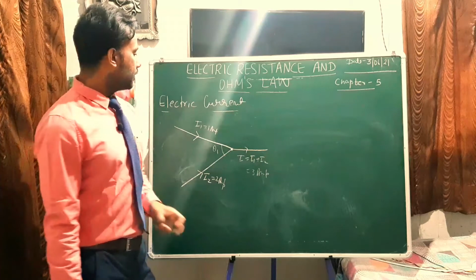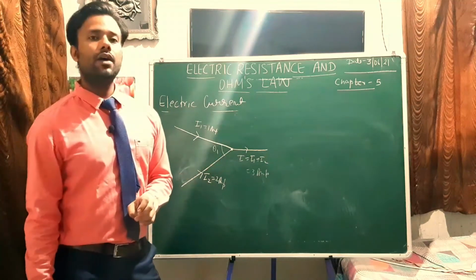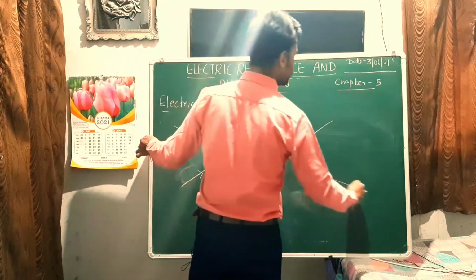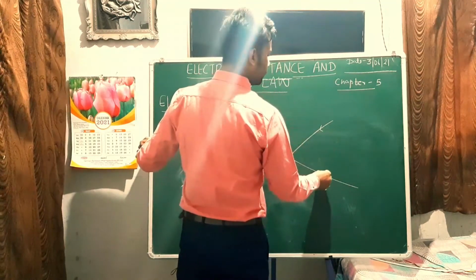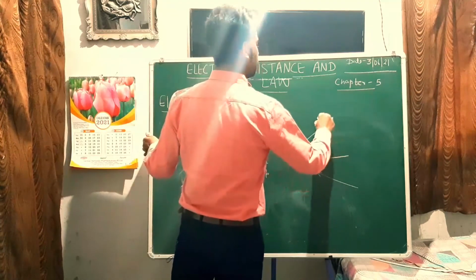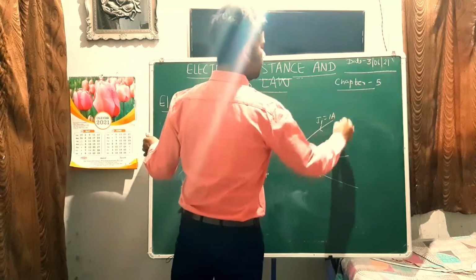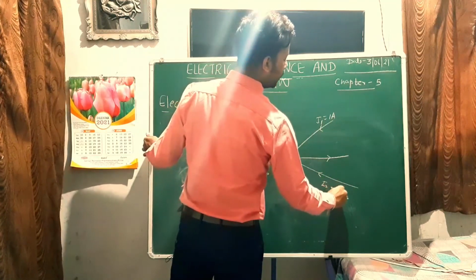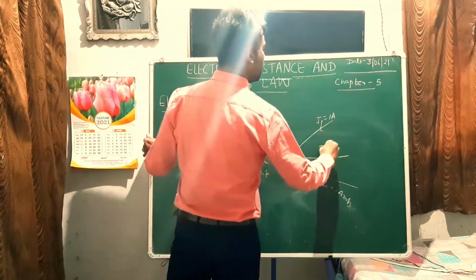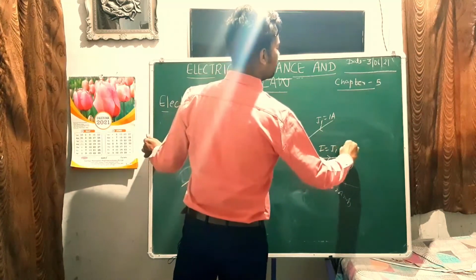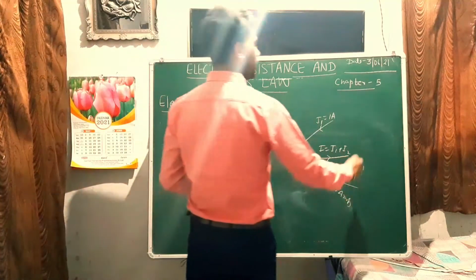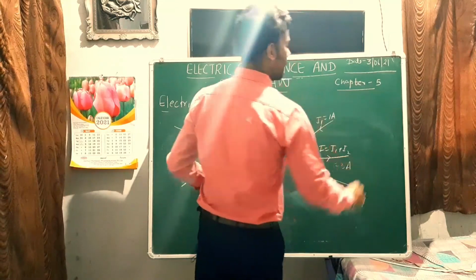If we change the angle between the wires, now the current is coming like this and going to this wire. This is I1, again 1 ampere, and this is I2, again 2 ampere. When they meet at a point, they combine to form I equals I1 plus I2, which is again 3 ampere.